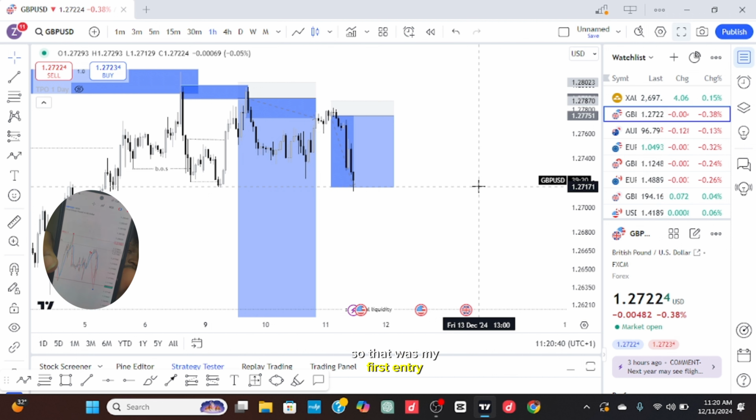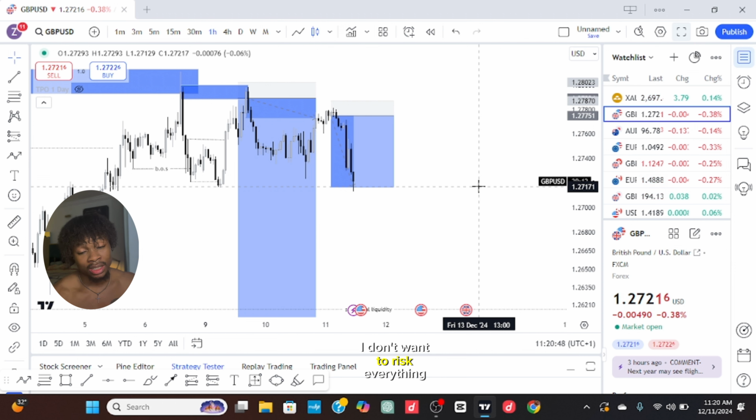I'm going to allow it to run because I'm seeing a high potential to the downside. I don't want to risk everything, so I take some profit from the ones I already took, which is 1 to 4, and then I let the remaining one run to profit.